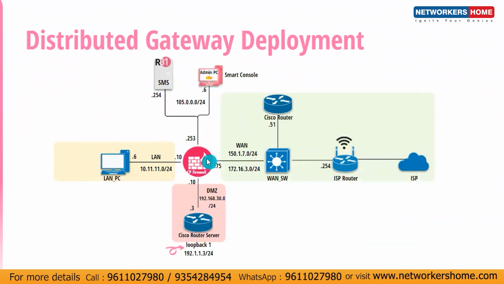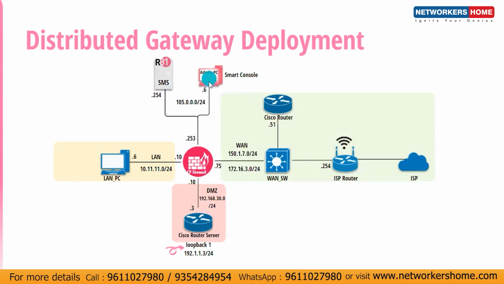We'll take one firewall in which we'll have four interfaces, one interface connecting to a management zone. So we'll have a management subnet as 105.0.0.0/24, and we'll have an SMS server with IP address .254. And I'll be connecting my admin PC as a management PC in which I'll have the SmartConsole installed, and I'll give it some IP.